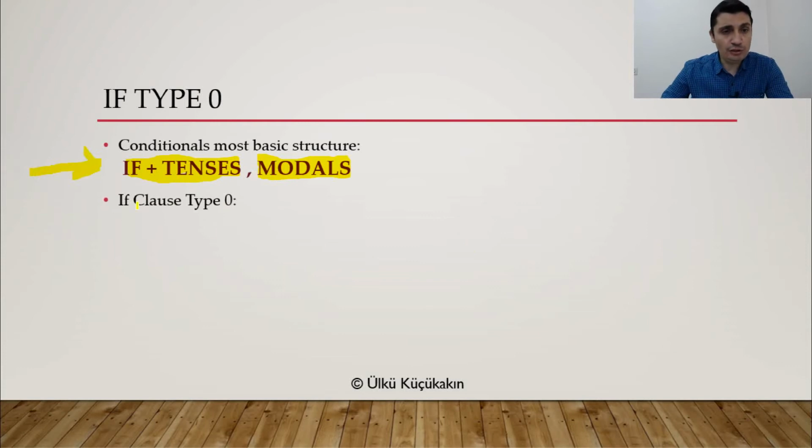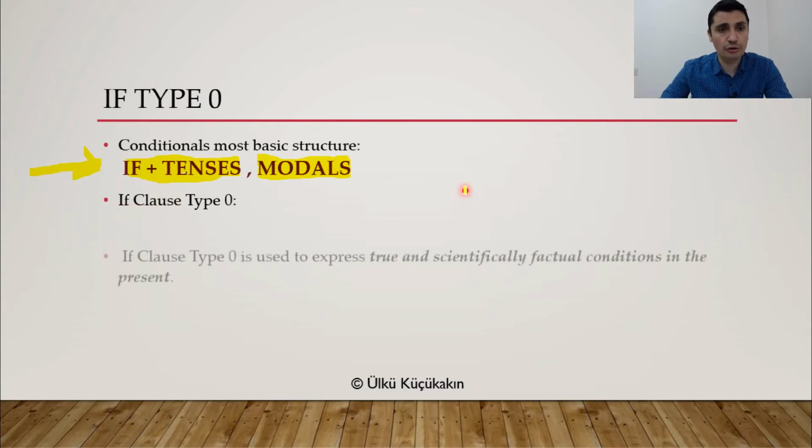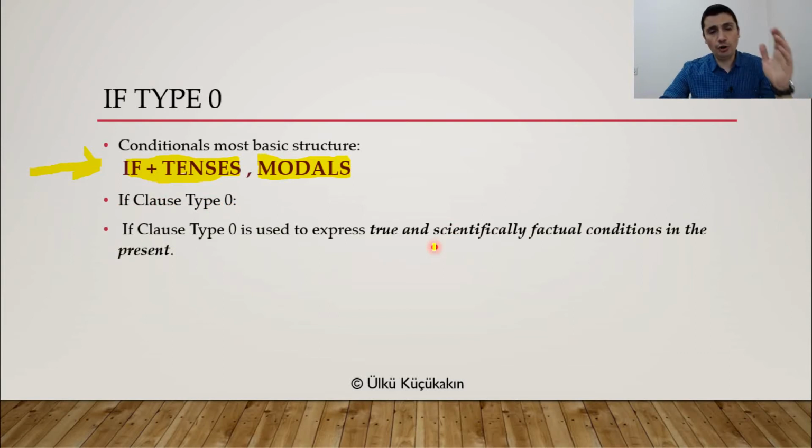Now, let's start with the first if clause, type 0, okay? If clause type 0 is used to express true and scientifically factual conditions in the present. Here, there are some important keywords: true and scientifically factual.